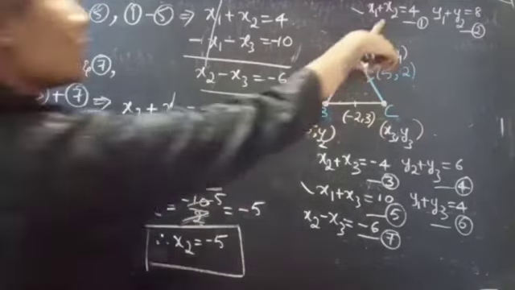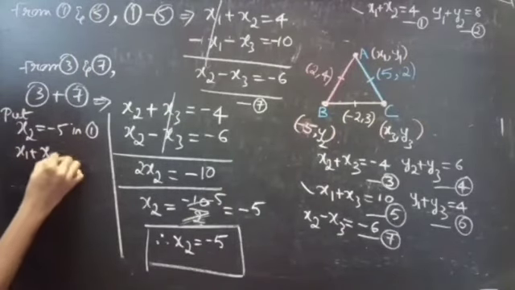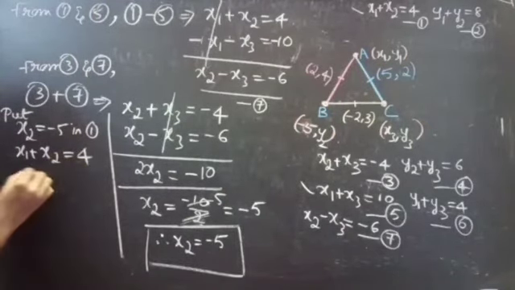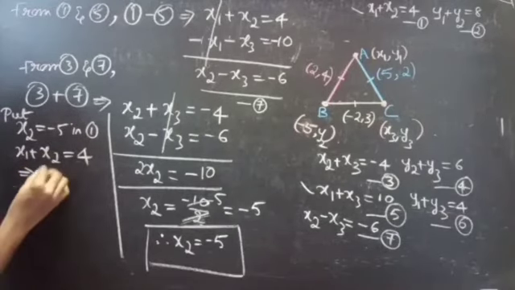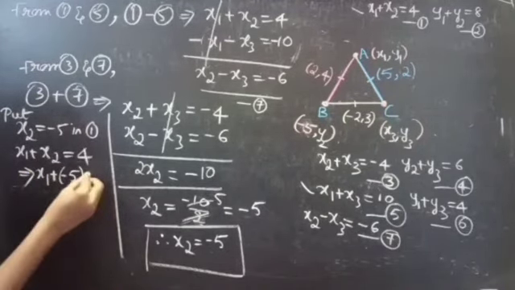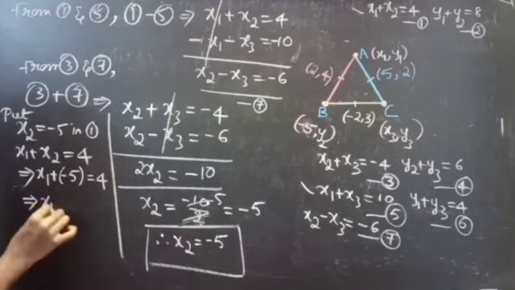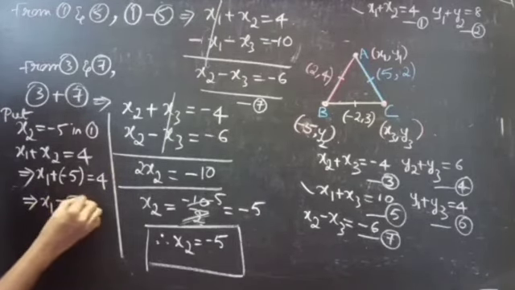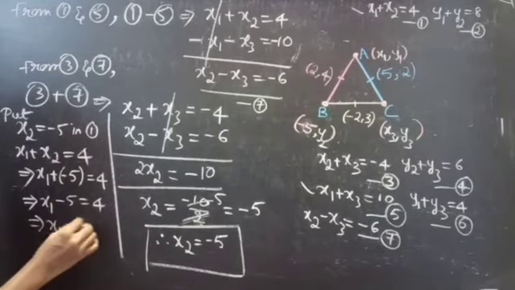You have x1 plus x2 equals 4, so x1 minus 5 equals 4.